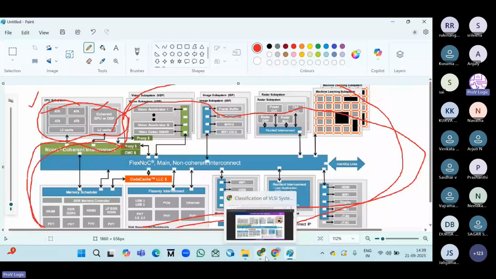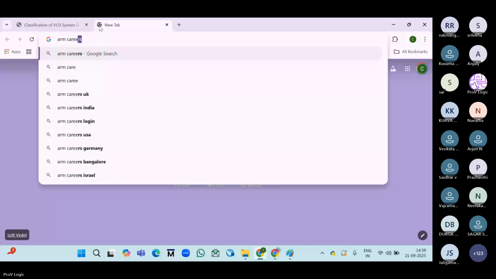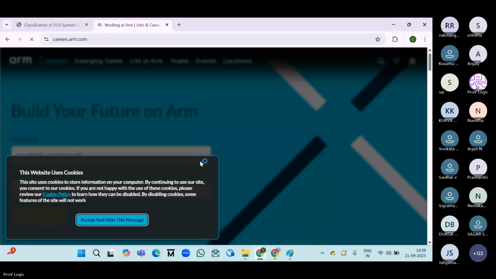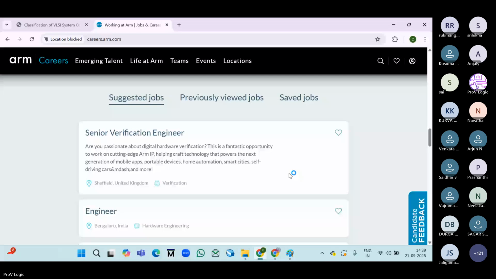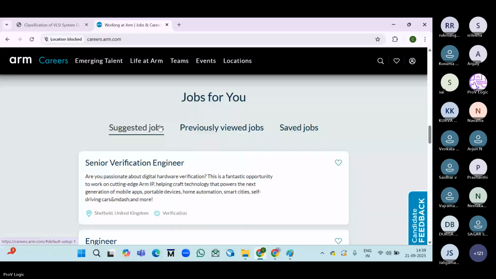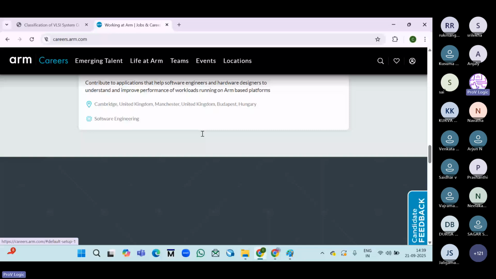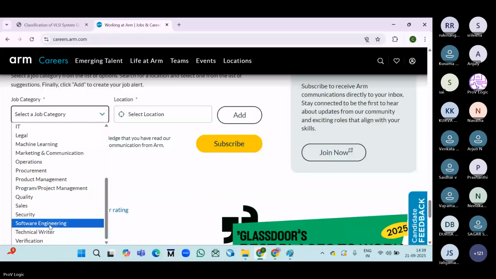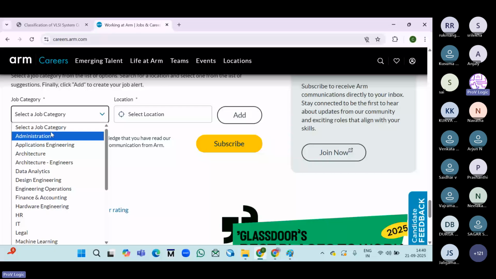If you go with ARM, suppose. I think the website has changed or been updated now, so it's not loading.